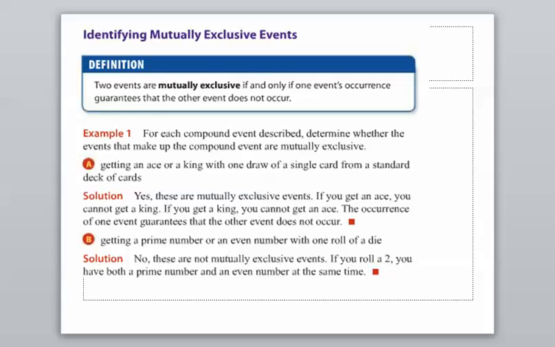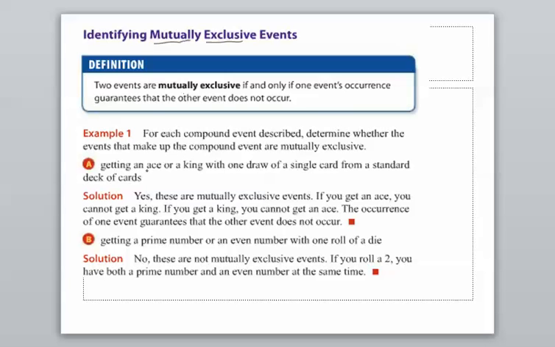We're going to look at the concept of mutually exclusive events. So, 2 events are mutually exclusive if and only if one event's occurrence guarantees the other event does not occur. Okay, let's see here. For each compound event, describe and determine whether the events are mutually exclusive.